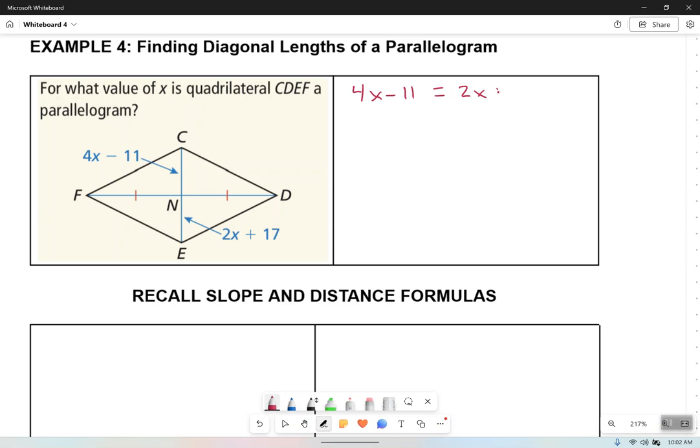I can't make this any easier, can I? What's our first step? I might suggest subtracting 2x from both sides. Is that okay? So I'm going to minus a 2x here on the right, minus a 2x on the left. Talk to me, peeps. What do you get on the left side?